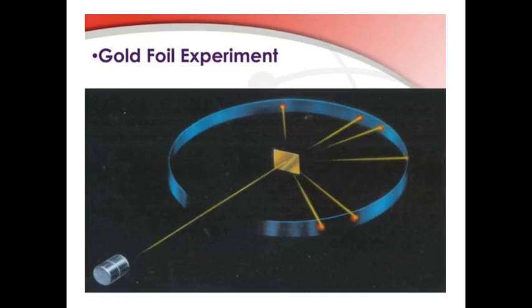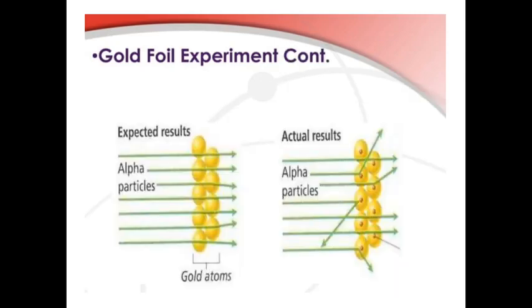In his gold foil experiment, you can see the gold foil being bombarded by alpha particles from a radioactive source. He was expecting that the alpha particles were going to penetrate directly through the gold atom.